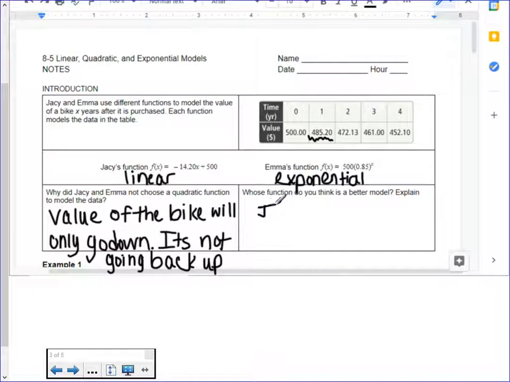JC's is better because at least we're getting the right answers with JC's. All right, so JC's function is better.